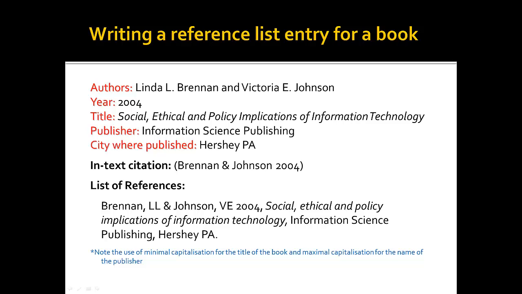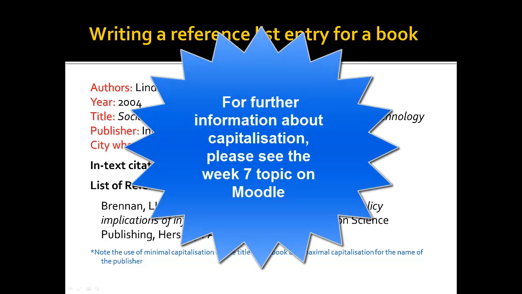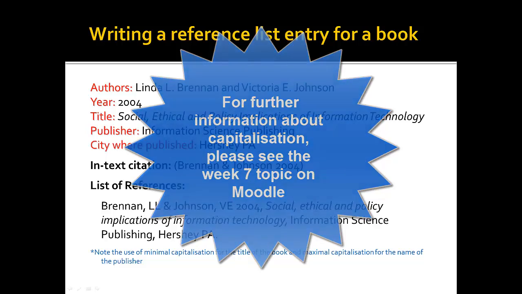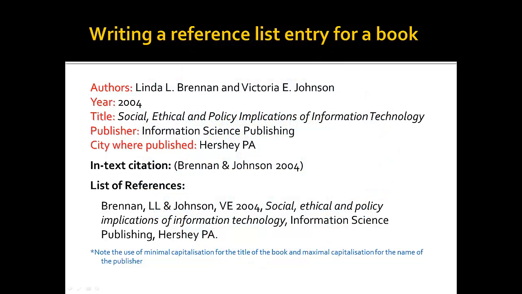Now again, in the title of the book, they use maximal capitalization. So capital letters for S for Social, capital E for Ethical, capital P for Policy, and so on. But when we write it out, we use minimal capitalization for the title of the book. So Social, ethical and policy implications of information technology, using only a capital S for Social, and the title of the book goes in italics.